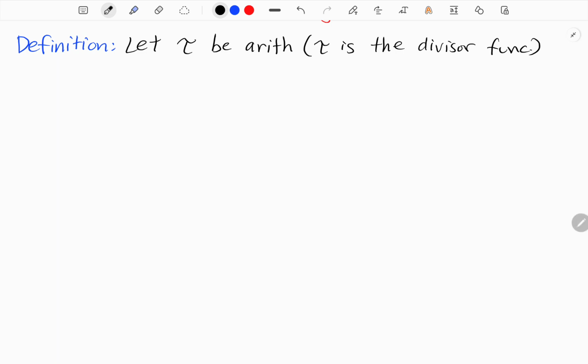So let tau be arithmetic such that tau of n is defined to be the cardinality of the set of positive integers d such that d divides n.